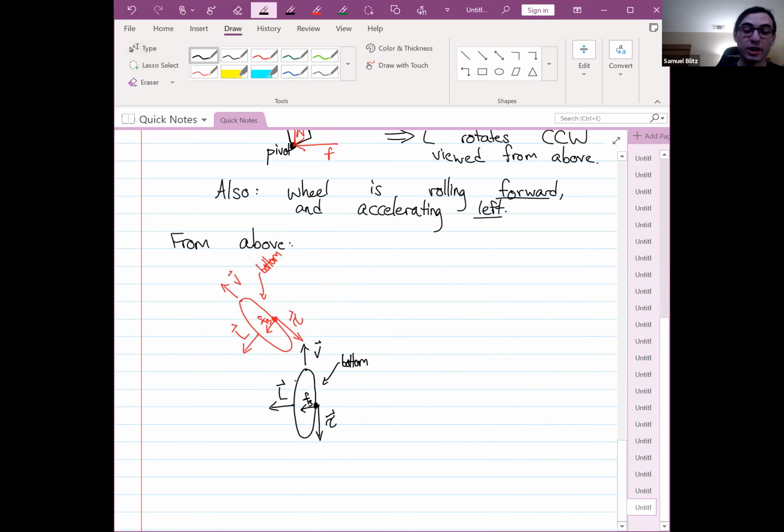We can tell that it accelerated left because the center of mass, which was here, moved leftward, right? The center of mass went from here to here, it went left. It also rolled forward because the center of mass moved forward, right?